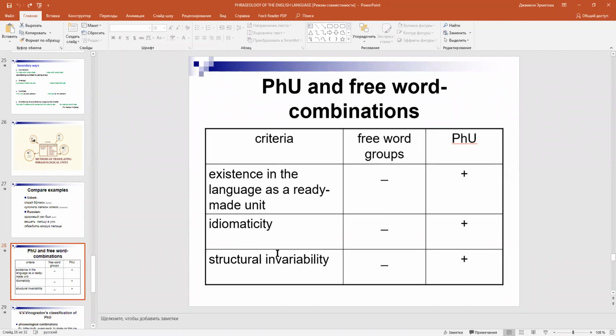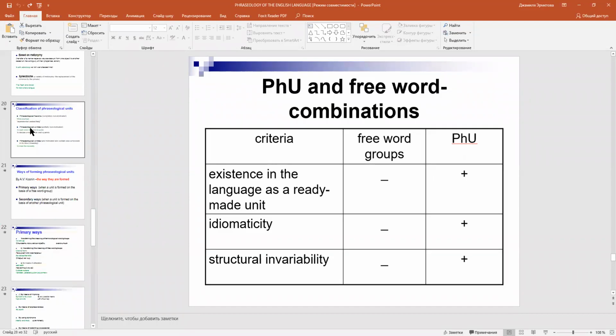So these criteria are not used in free word groups. They don't exist in free word groups. These criteria are peculiar to phraseological units. So there are some more informations for you.